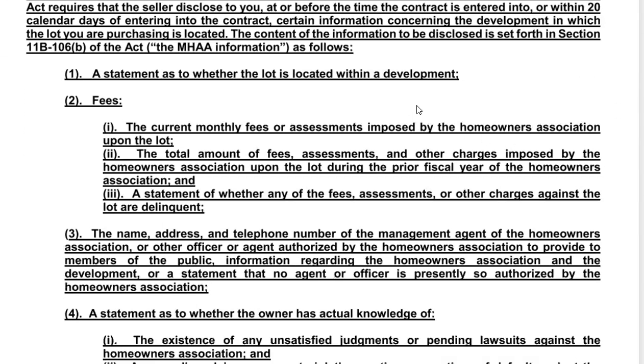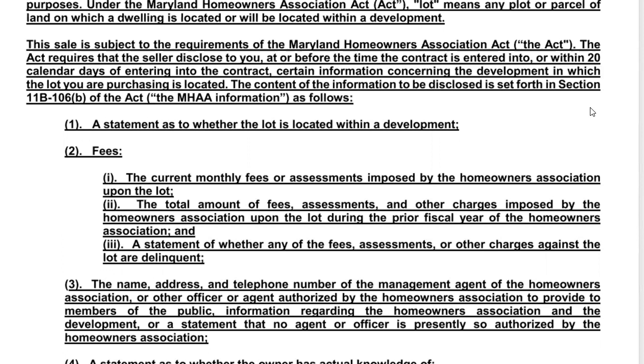So the seller will provide a statement as to whether the lot is located in a development and also the name of that development. The seller is also required to disclose any current fees or assessments imposed by the HOA, as well as the total amount of fees and a statement as to whether any fees, charges, or assessments are delinquent.